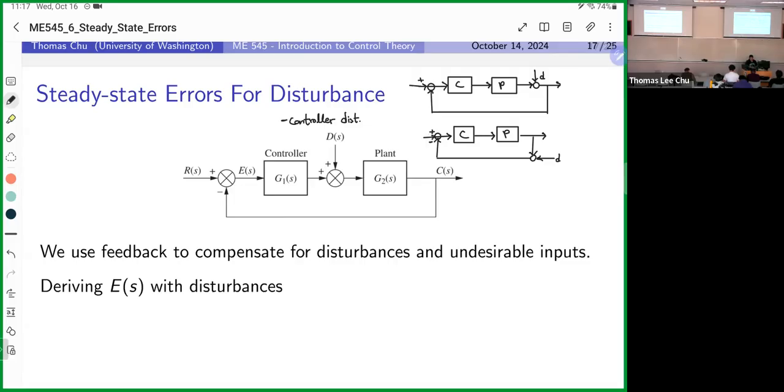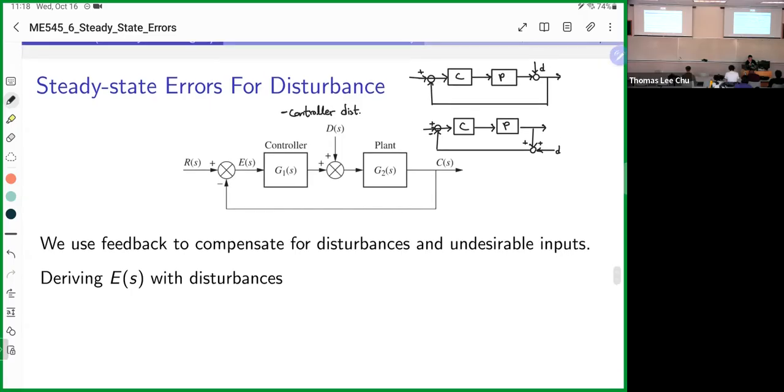The point I'm trying to bring up here is that this isn't the only source of disturbance, or it can pop up anywhere. So depending on how it appears in our system, we can draw our block diagrams accordingly to most accurately determine the source of the disturbance, and then we derive the output based off of the disturbance source.